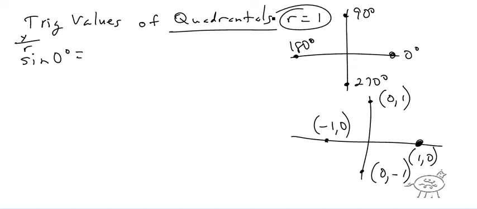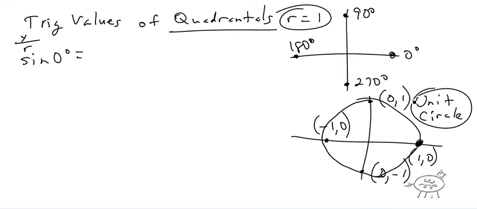In fact, what we're doing here, if you notice, our circle right here is called a unit circle. It's got a radius of 1. All right, so that's kind of nice. A radius of 1, there we go, r is equal to 1.